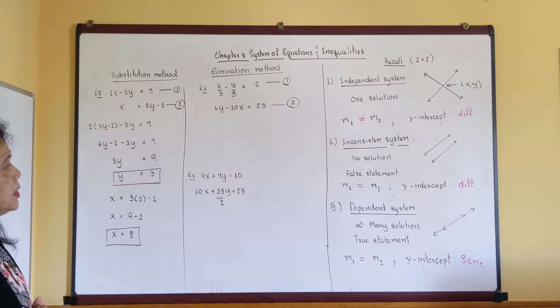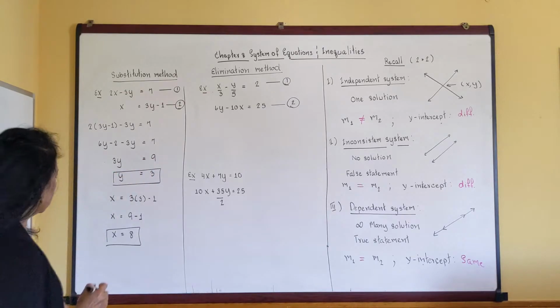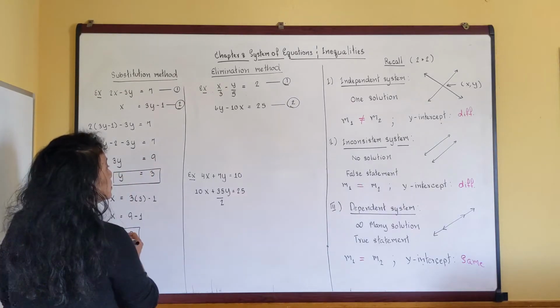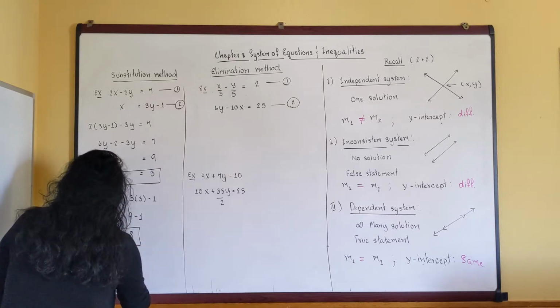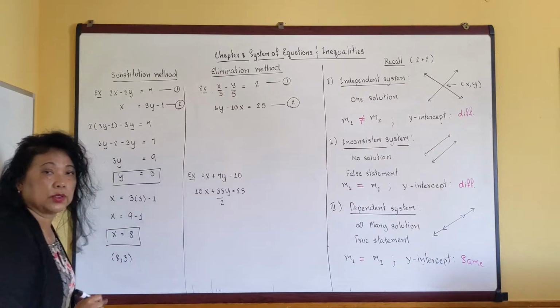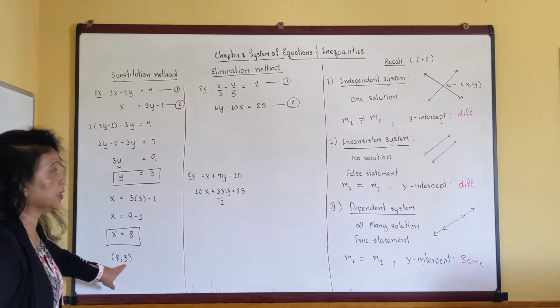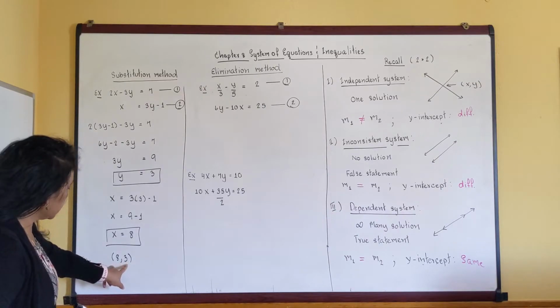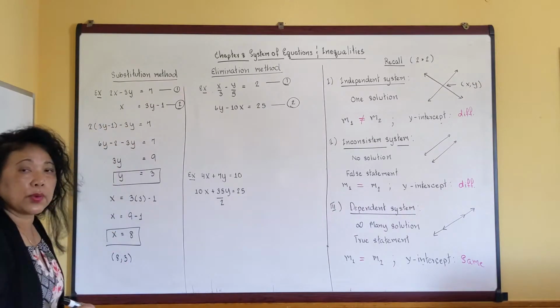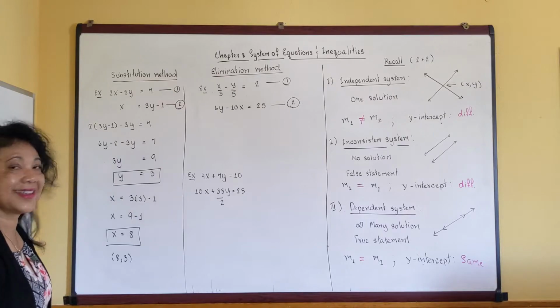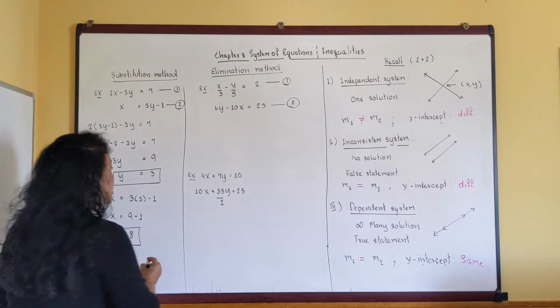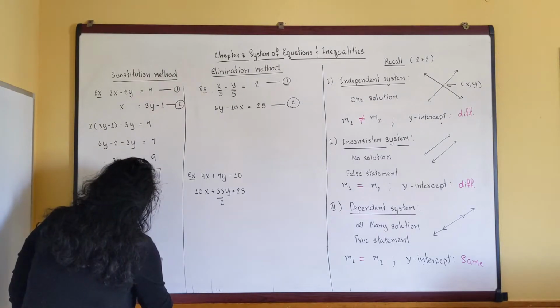The first one is an independent system, and the solution is 8, 3. The first coordinate is the x, the second coordinate is the y. And if you substitute this point into both equations, it should satisfy. So this is an independent system.